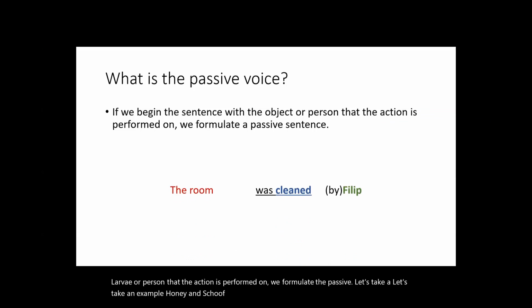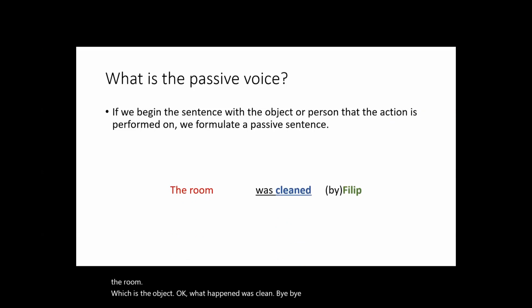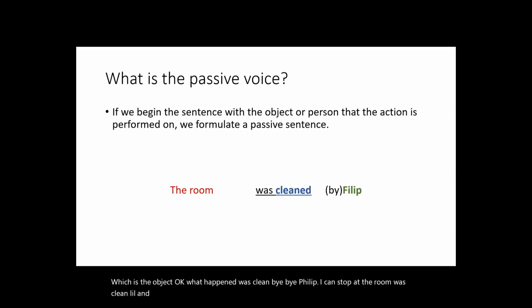The room was cleaned. أنا هنا I started with the room, the object. What happened was cleaned by Philip. I can stop at the room was cleaned. ليه؟ لأن المهم عندي إن أنا أعرف الأكشن اللي هو was cleaned. Not by who cleaned the room, it doesn't matter معايا, بس أهم شيء إنه the room was cleaned.